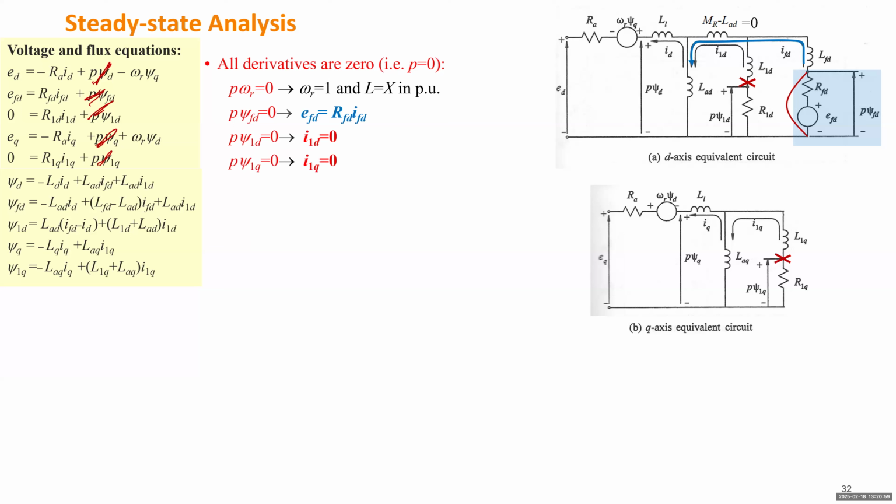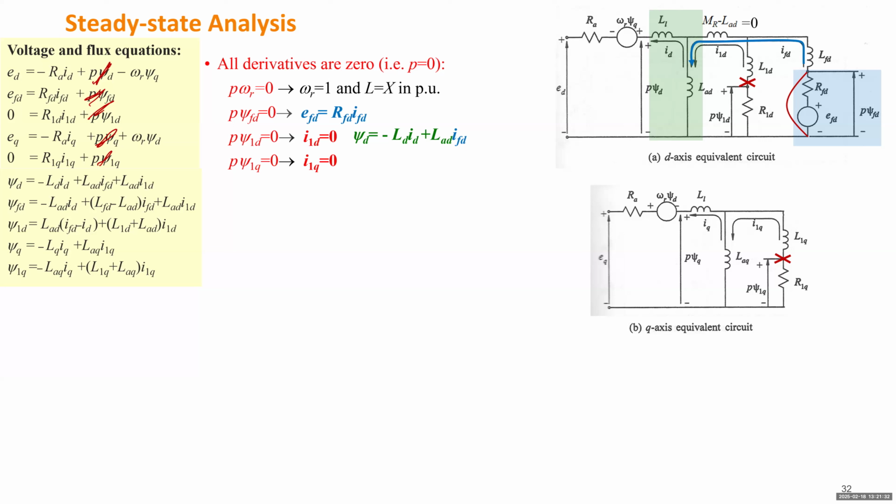Similarly, in the Q axis, this one will be zero, which is equivalent to opening the circuit at these two points in the D and Q axes to make the current zero. So immediately when we come to the equation for psi D, we get rid of the last term.